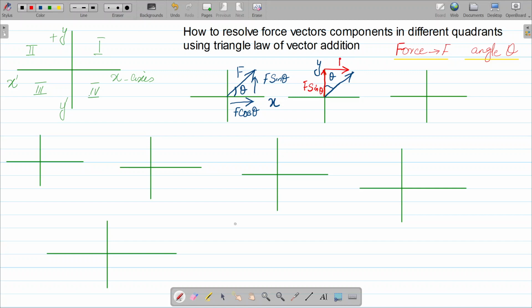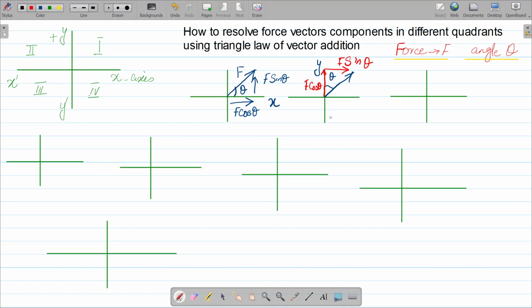Sorry, just a mistake. This component of ours will be F cos theta, and this will be F sine theta.